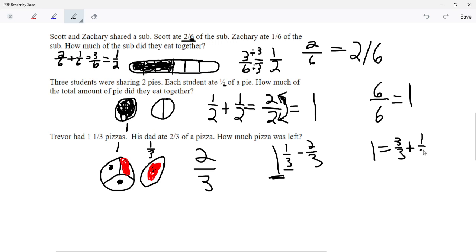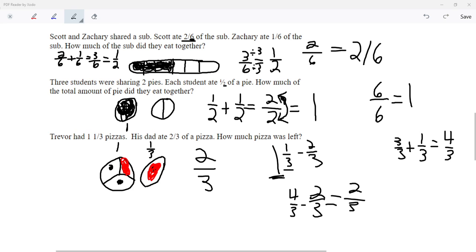So what I have to do is add 3/3 to this 1/3 here. So 3/3 plus 1/3 equals 4/3, right? So that means really we're doing 4/3 minus 2/3 equals 4 minus 2 equals 2/3.